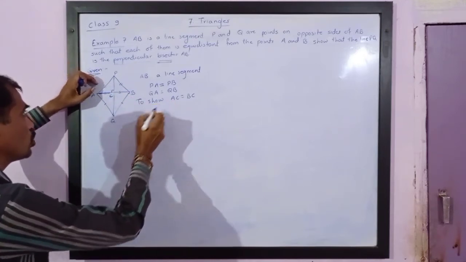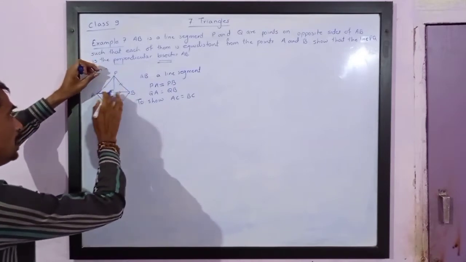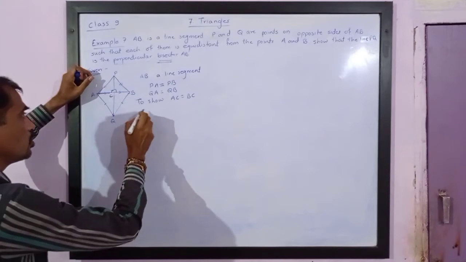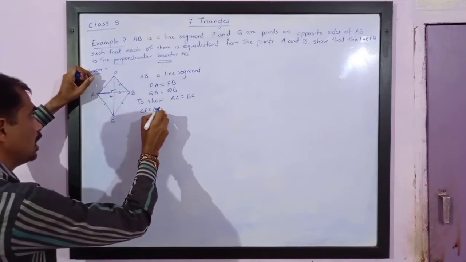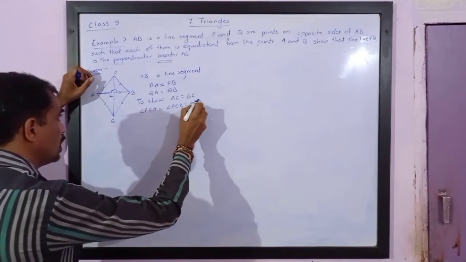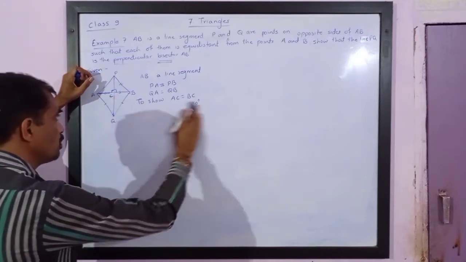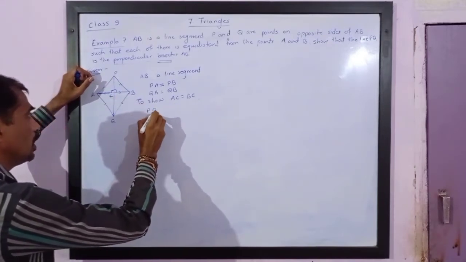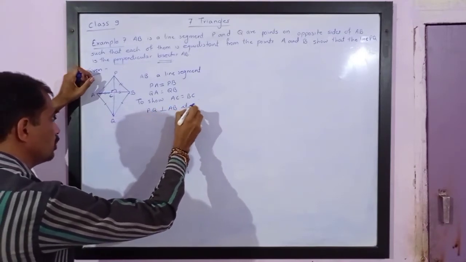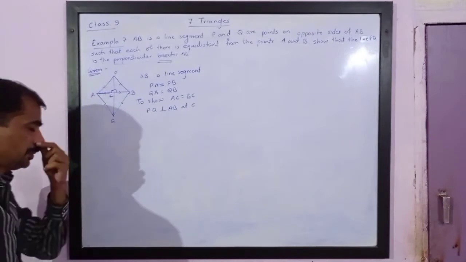And we are also asked to show that angle PCA, any one of the angles, if this is a right angle, the other will also be a right angle. So angle PCA is equal to angle PCB is equal to 90 degrees. Actually, we are asked to show that PQ is perpendicular to AB at C. This is what is asked.